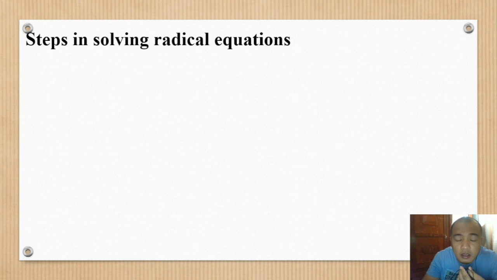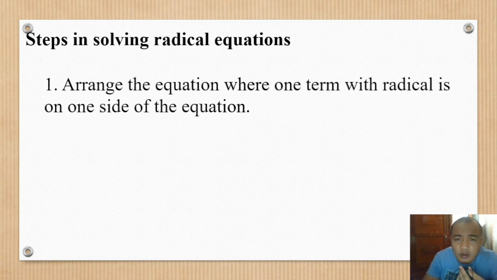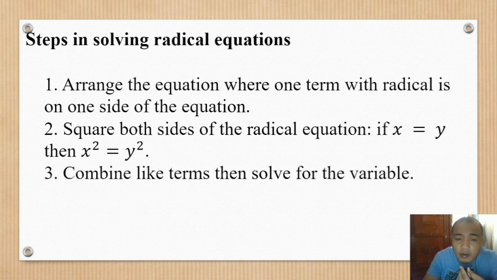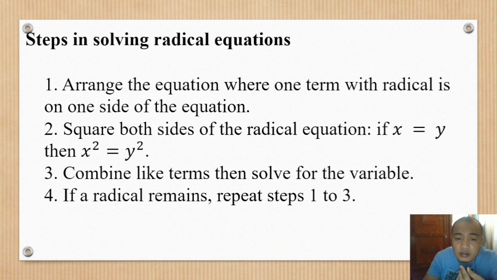Alright. Okay, these are the steps in solving radical equations. Number 1, arrange the equation where one term with radical is on one side of the equation. Number 2, square both sides of the radical equation. If x equals y, then x squared equals y squared. Number 3, combine like terms, then solve for the variable. Number 4, if a radical remains, repeat steps 1 to 3.